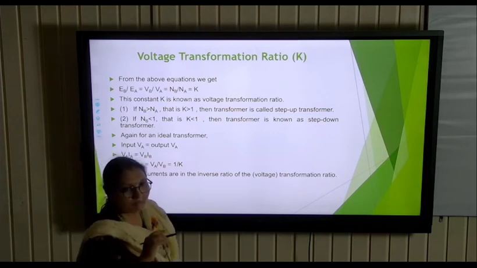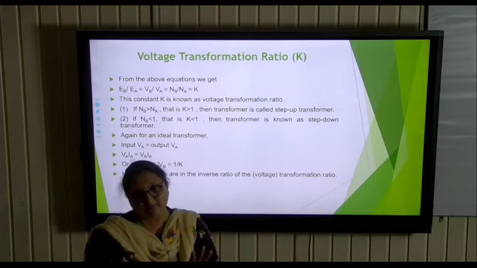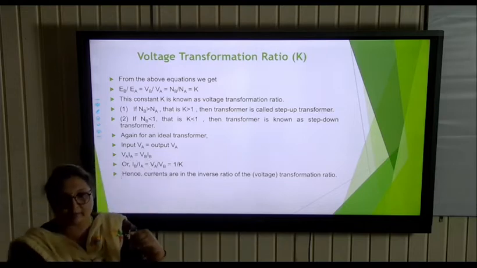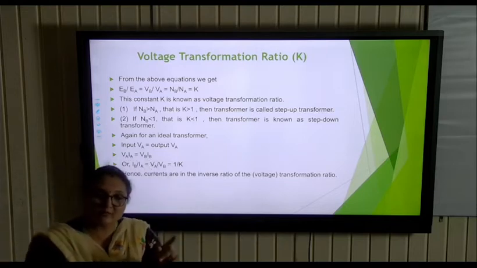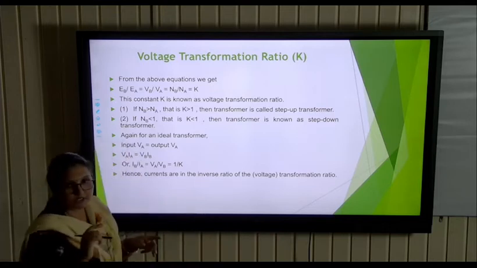So in the previous slide we have seen that when you have an ideal transformer, whatever voltage you are going to apply, that is V1, the induced EMF is E1, and the voltage which is going to appear on the secondary side is E2. Okay.